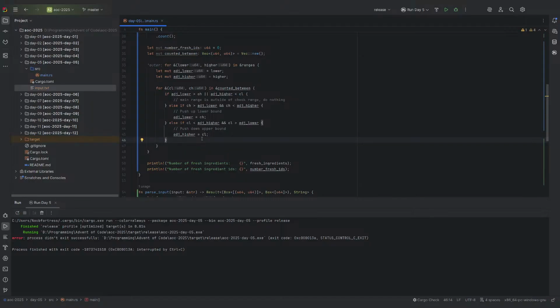Could be that this range is fully contained, so if this range's lower bound is less than or equal to lower, and its higher bound is in this case fully contained, so we're done.